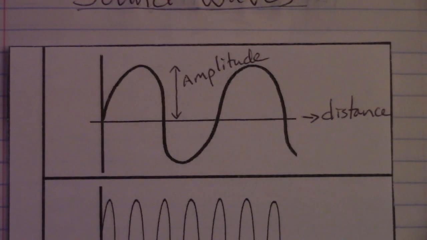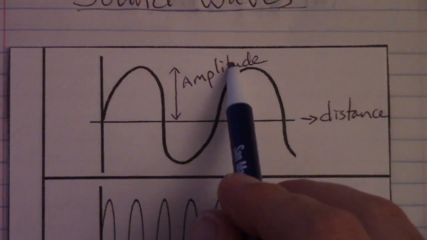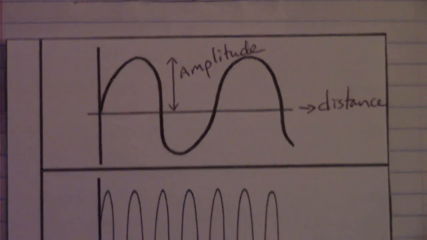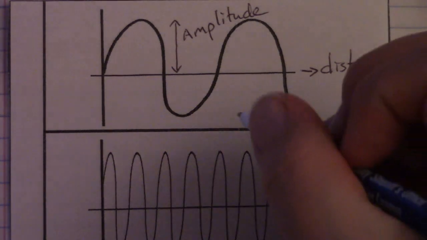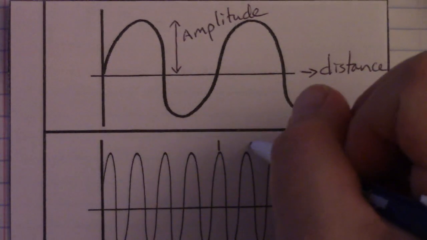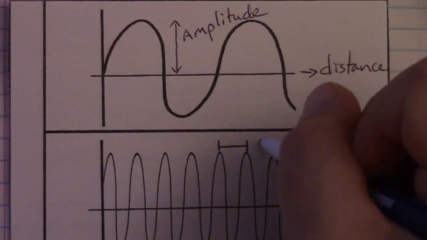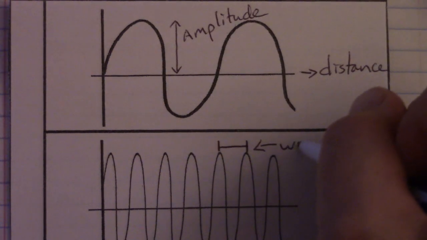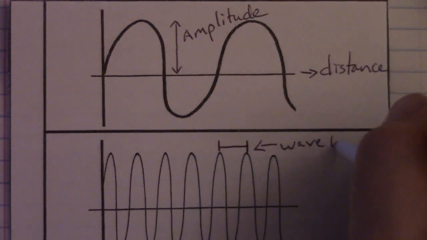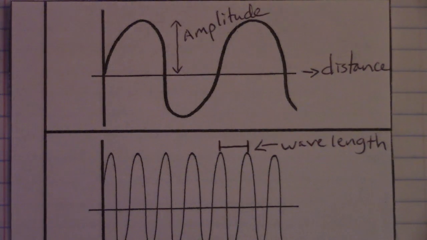Now, between two crests is what we call wavelength. I'm going to mark that here. That's called a wavelength. Okay.